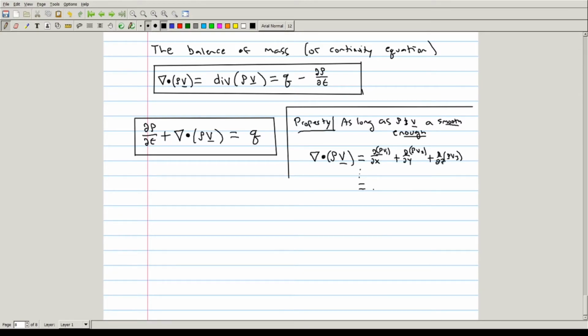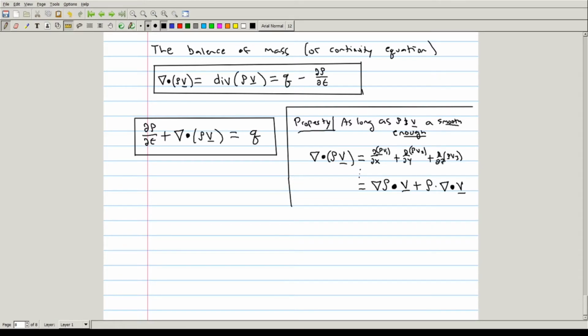What ends up happening is that this becomes the gradient of rho dot product with v plus rho times the divergence of v. This is a sort of product rule that is obeyed by the divergence.